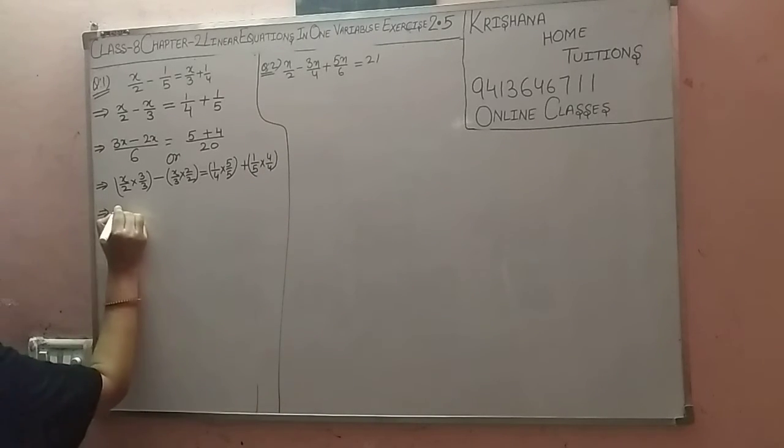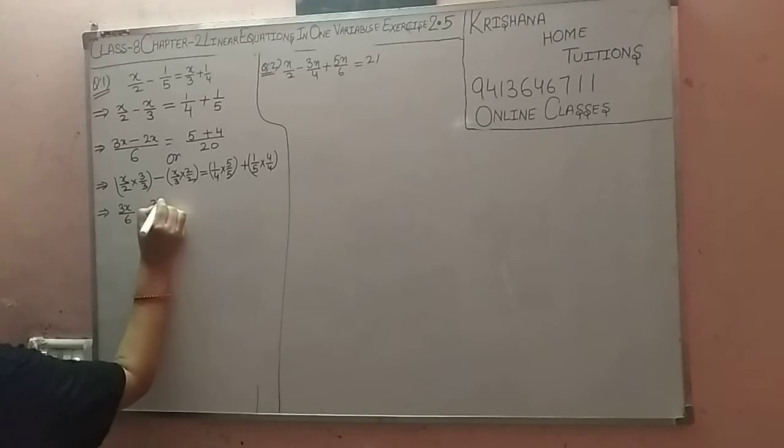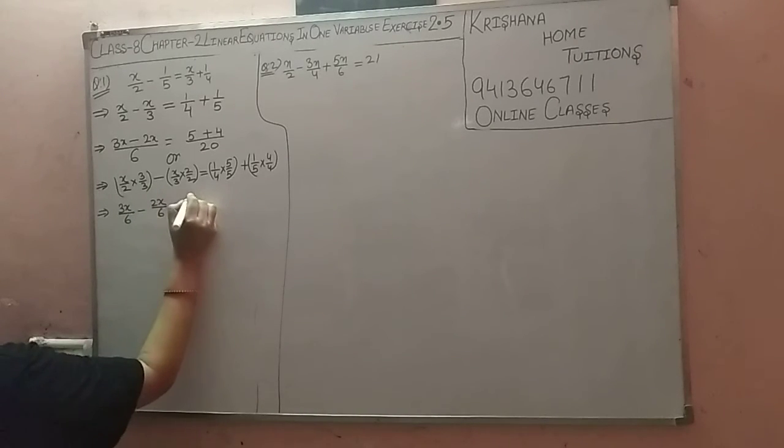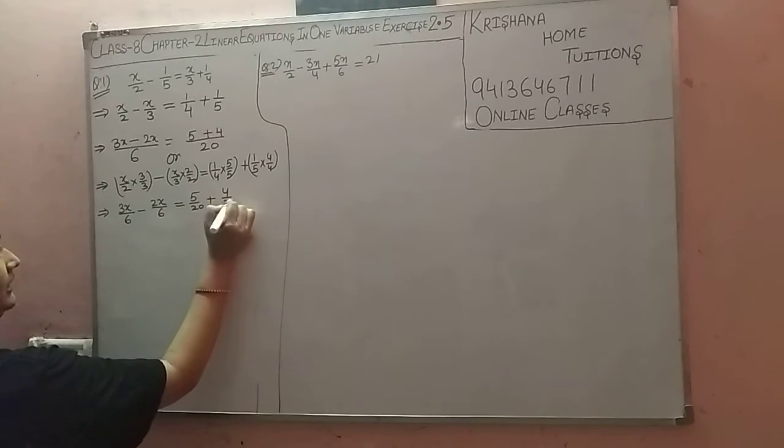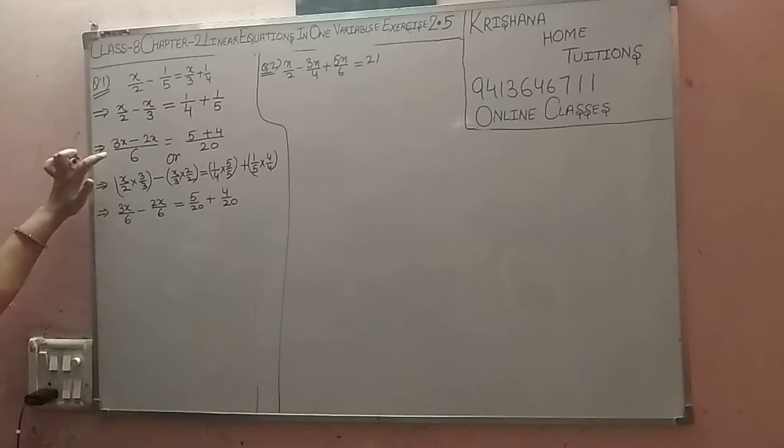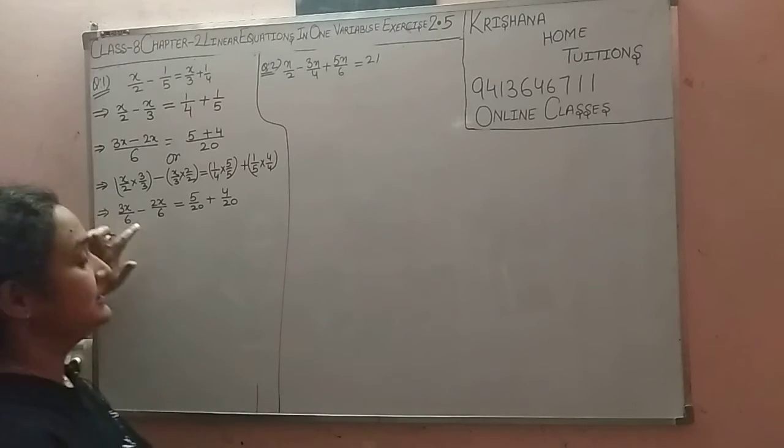So it is equals to 3x upon 6 minus 2x upon 6 is equals to 5 upon 20 plus 4 upon 20. You can apply this method also.